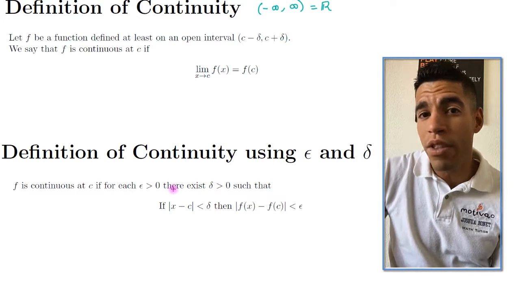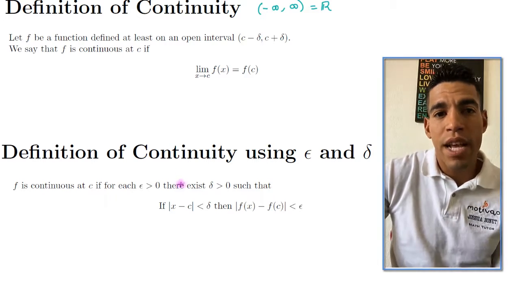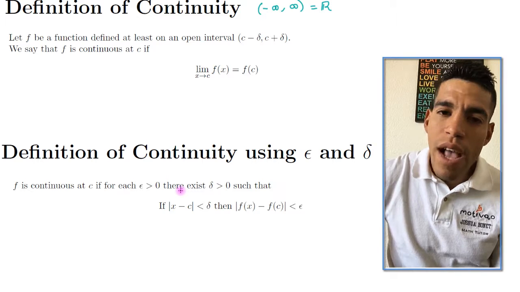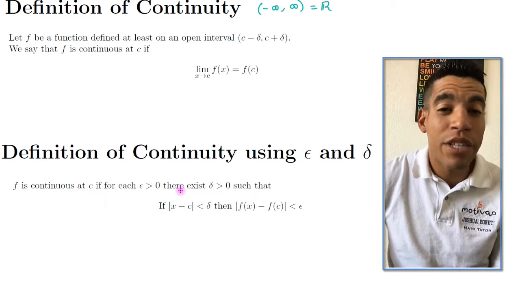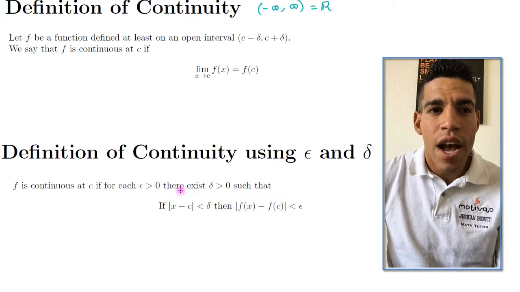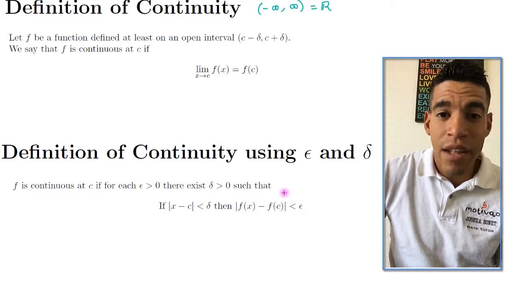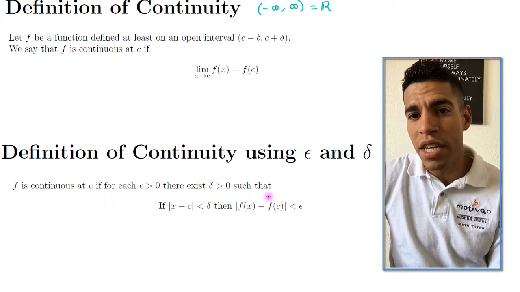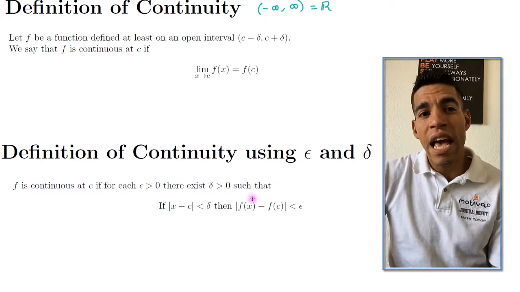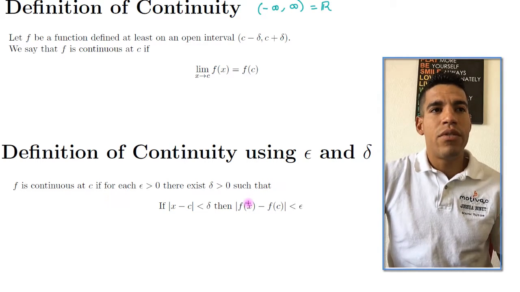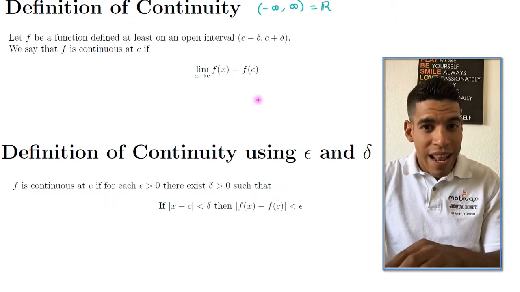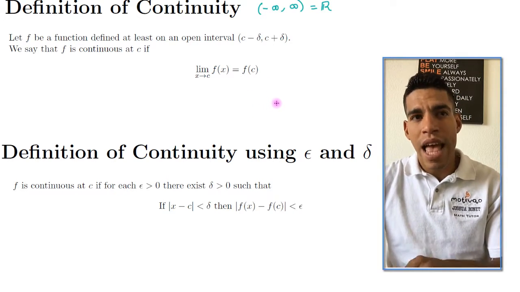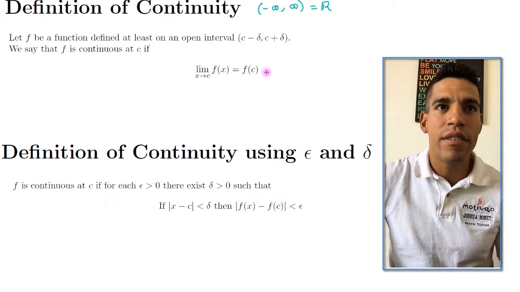And if you went to the video, you'll notice why: because now x can be equal to c. So that restriction is gone. The second difference is that instead of L, I have f of c. So f of c is my L, right? Just like here. Instead of any L, L is equal to f of c.